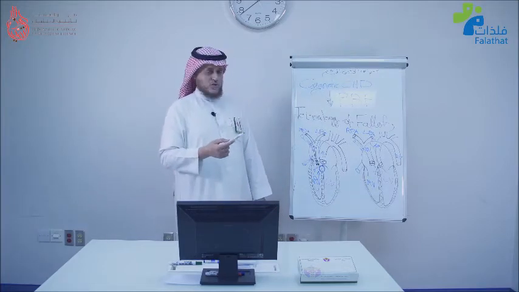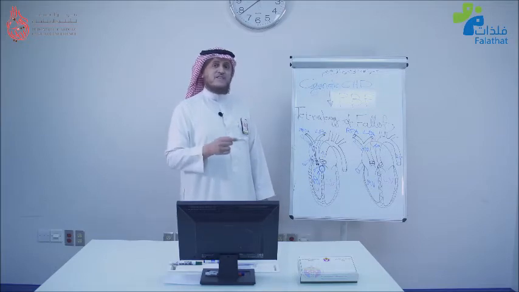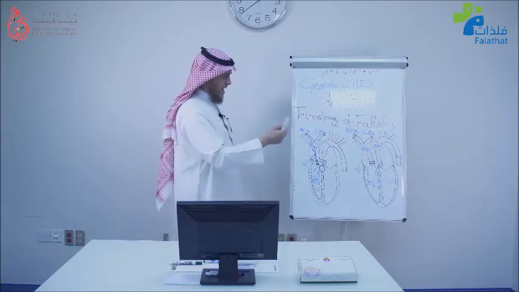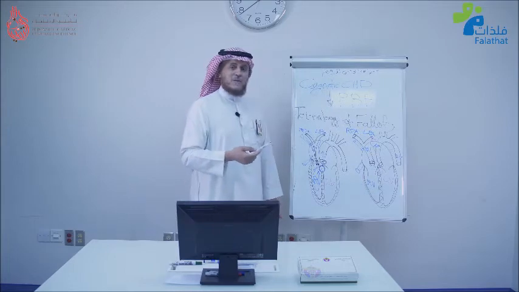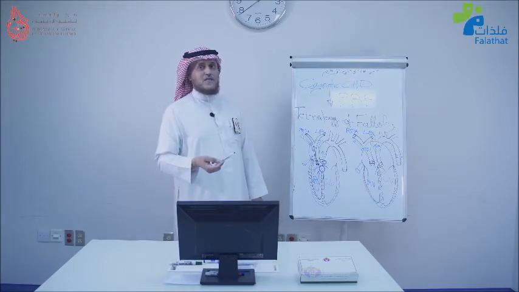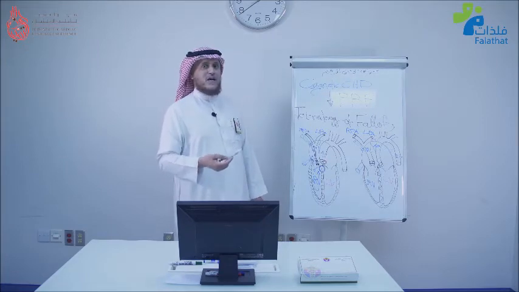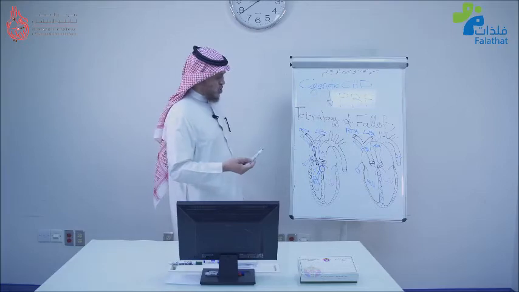Even in total anomalous pulmonary venous return, which we spoke about in the previous part, there is right to left shunt across the ASD to fill the blood, but because of excellent mixing, the cyanotic blood gets diluted with the red blood and cyanosis does not become too much.